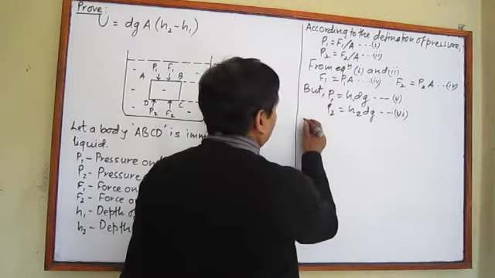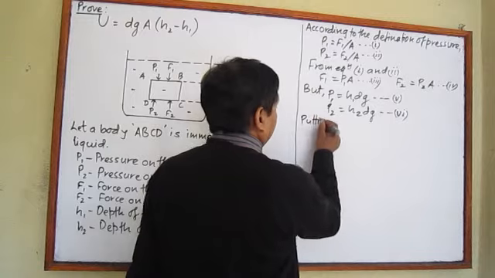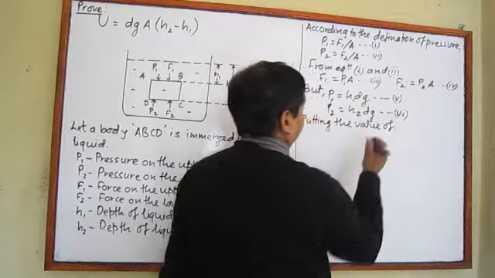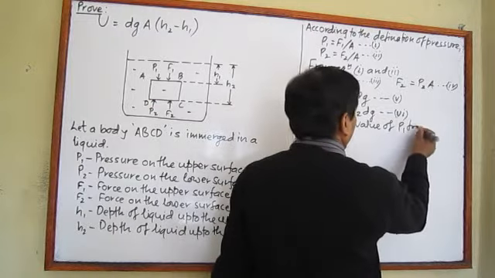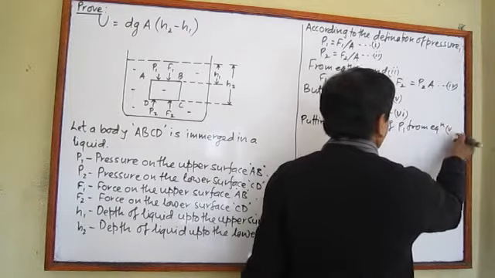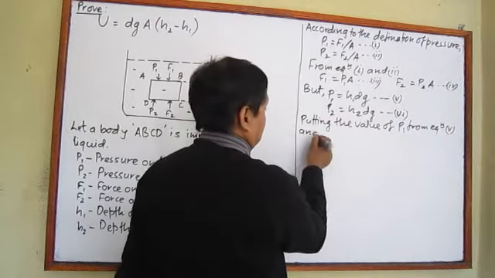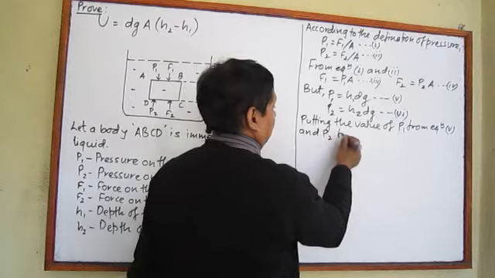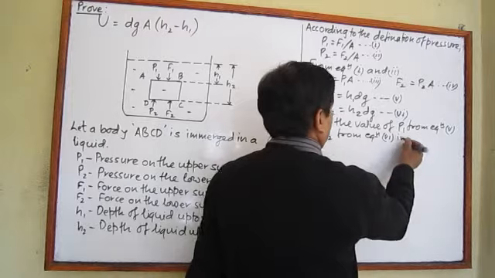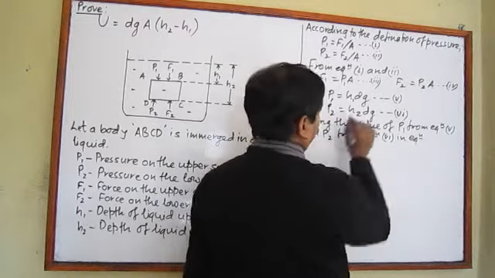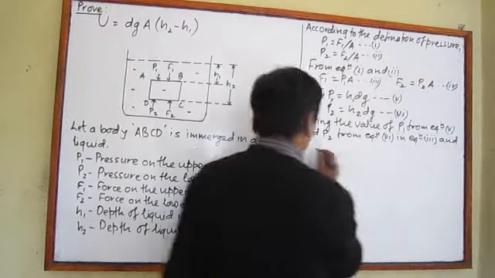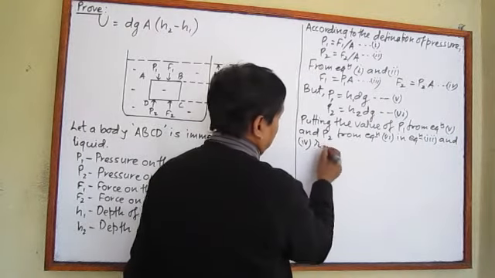We can write this way, putting the value of P1 from equation 5 and P2 from equation 6 in equation 3 and 4 respectively.